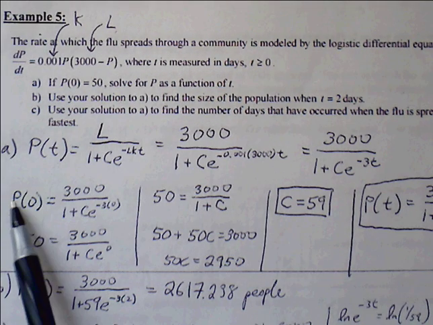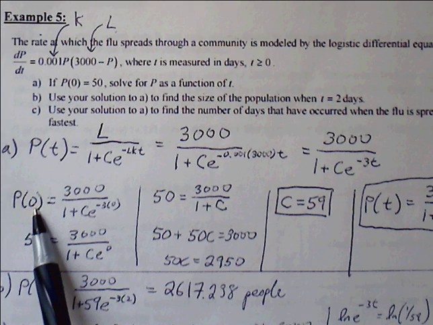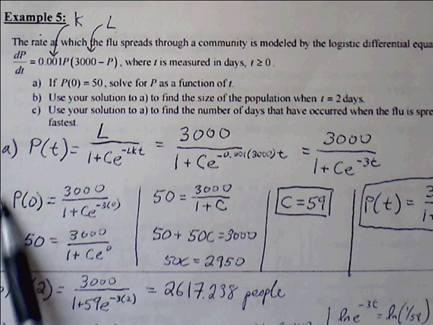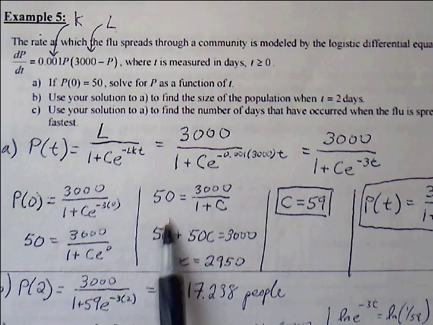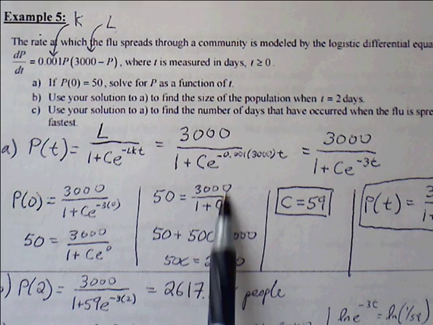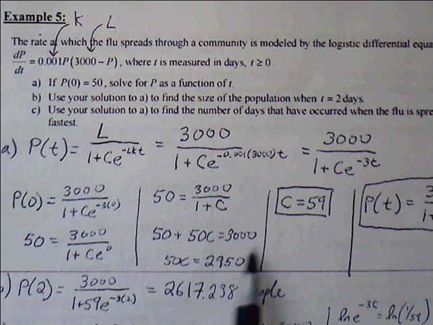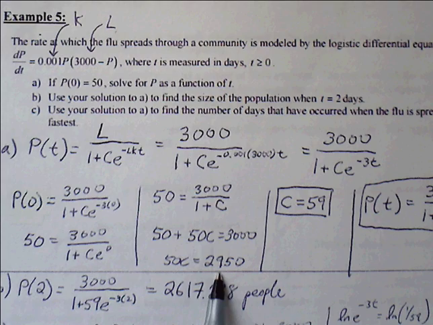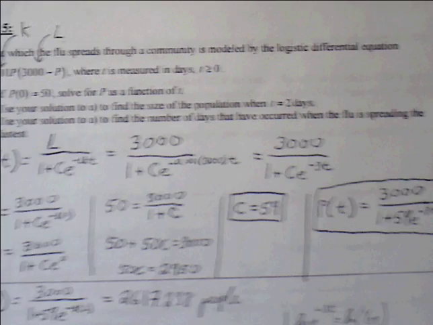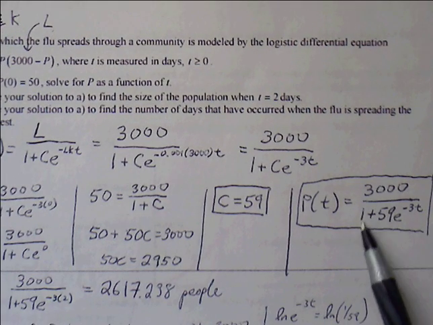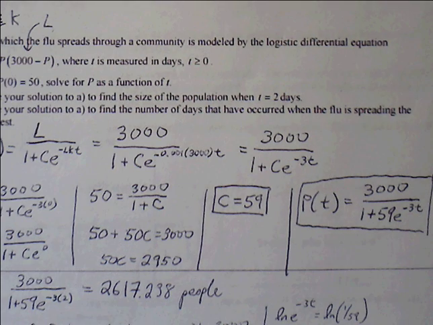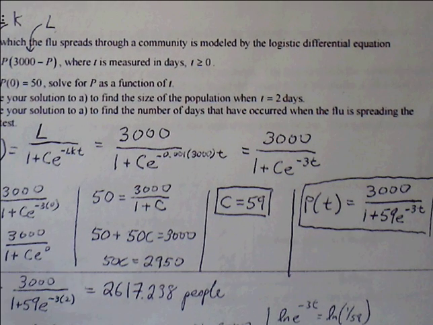Plug 0 in for t, and replace P of 0 with 50. If we do cross product and solve for C, we get C is equal to 59, because we take 2950 divided by 50. Now we have our P of t, which is 3,000 over 1 plus 59 e to the negative 3t. Now we can go to part B.